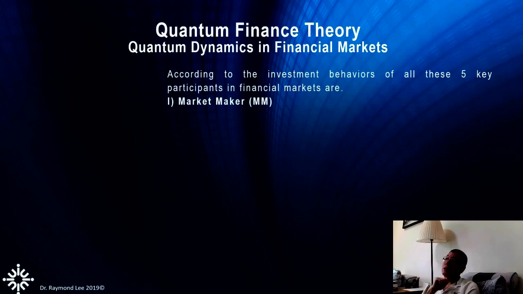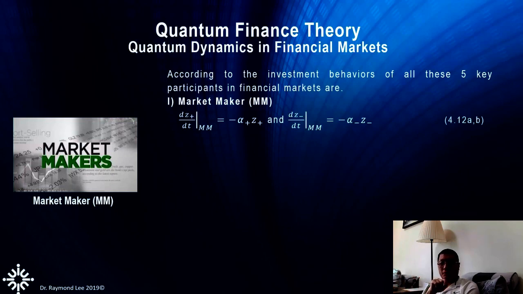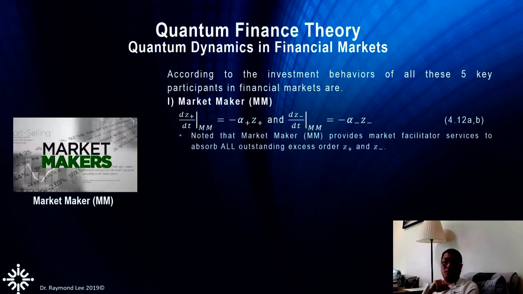How can we model the market makers? The dz by dt for the market maker, MM, can be approximated by alpha positive, z positive, and the same for the others. Note that the market maker provides the market facilitative service to absorb all the outstanding excess orders, and these alphas are the market absorbability factors.